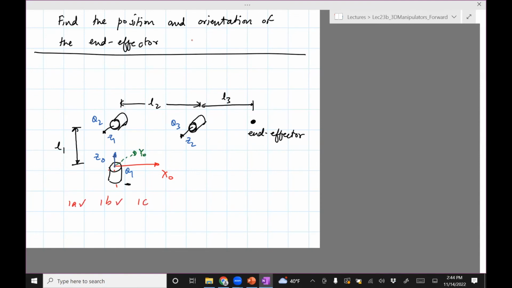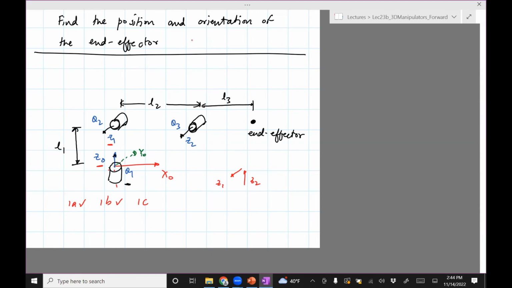Next, go to 1c. So 1c assigns x1, x2, and it's based on the relation between z's. So we need to see how the consecutive z's are related. So we have z0 and z1. So z0 is upwards, z1 is this way. And then we need to figure out which of these three it belongs to. Zi minus 1 and Zi are not coplanar, Zi minus 1 and Zi are parallel, and Zi minus 1 and Zi are intersecting.